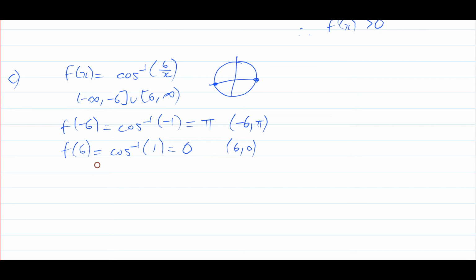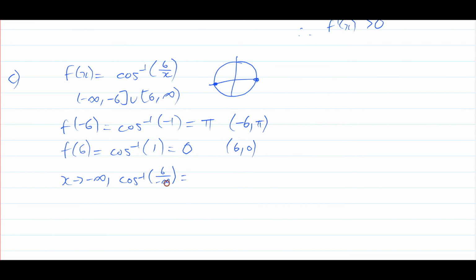Right, then what happens afterwards? We still don't know the shape of this graph. What you can do, guys, is consider x going to negative infinity. What happens if the graph is approaching negative infinity? You would have cos inverse of 6 divided by negative infinity.